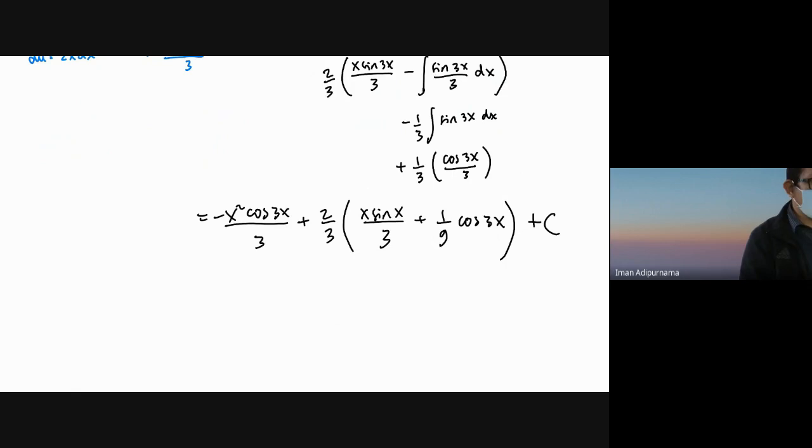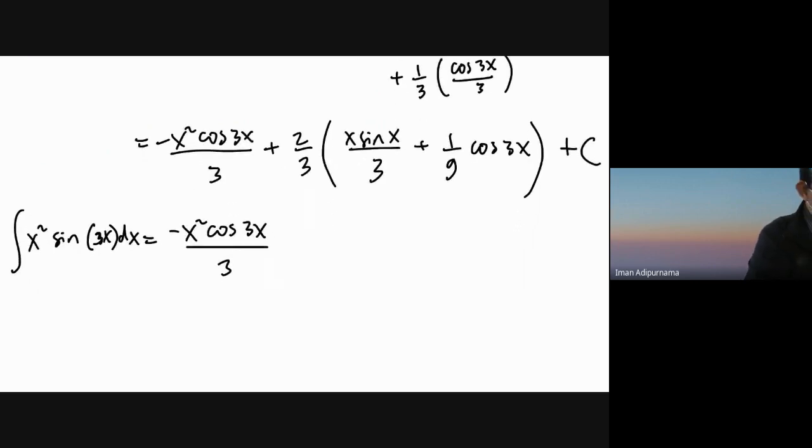A little bit complicated in terms of the form, right? Now, if you want, you can try by yourself and try to develop this method.